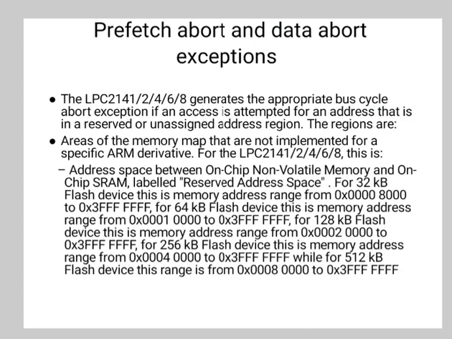For 128 KB flash memory, the memory address range is from 0x00020000 to 0x3FFFFF. For 256 KB, the memory address range is from 0x00040000 to 0x3FFFFF. While for a 512 KB flash device, the range is 0x00080000 to 0x3FFFFF.